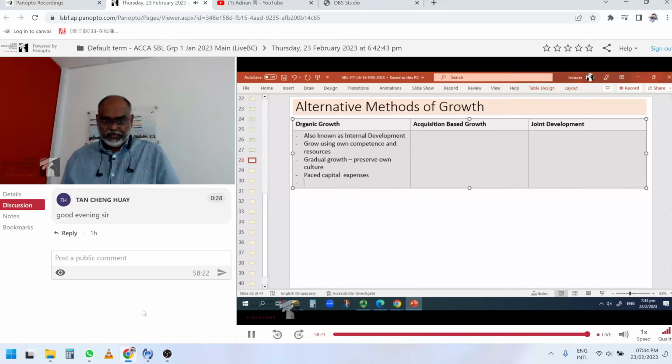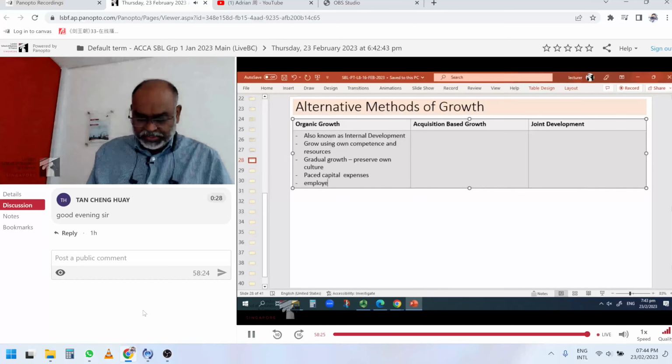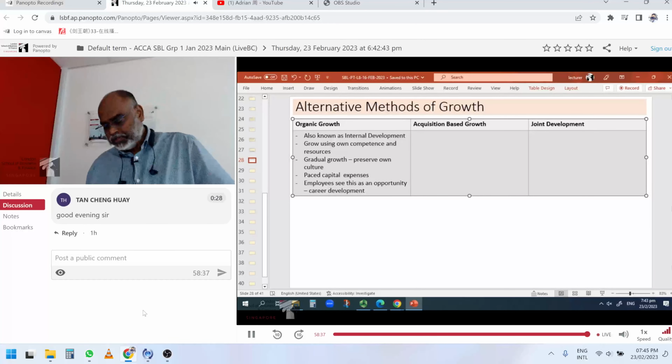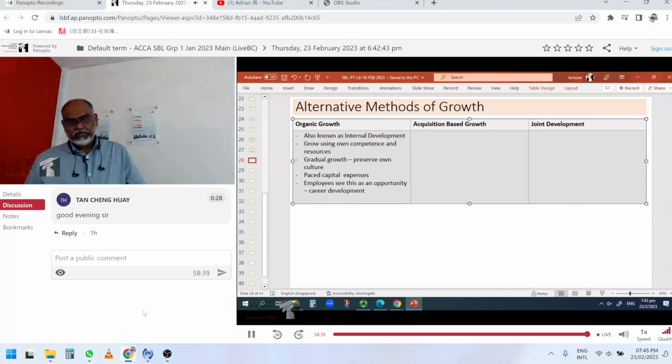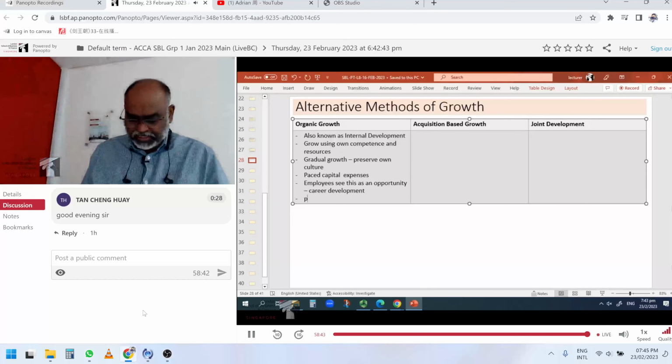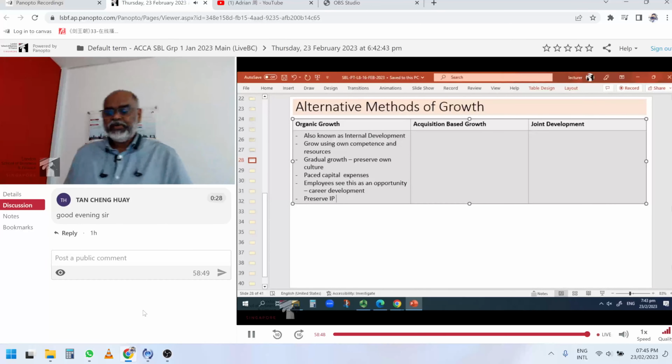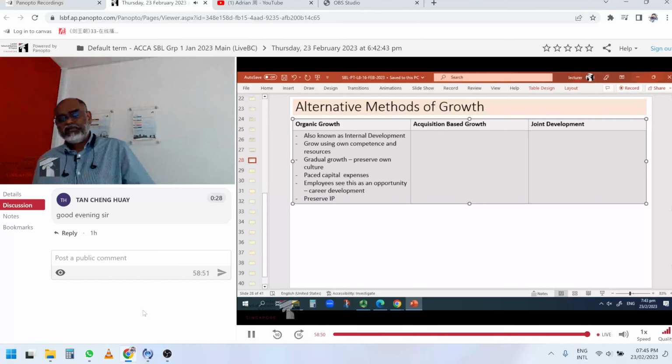And for employees, this is an opportunity for career development. You can also preserve all your IP, your intellectual property, your copyright and things like that, right?